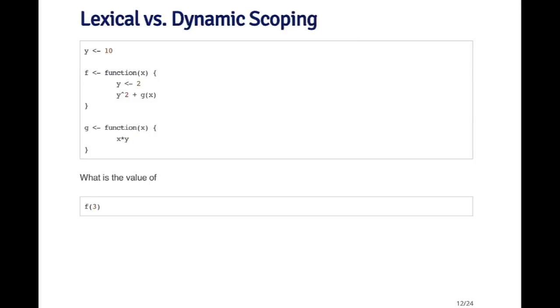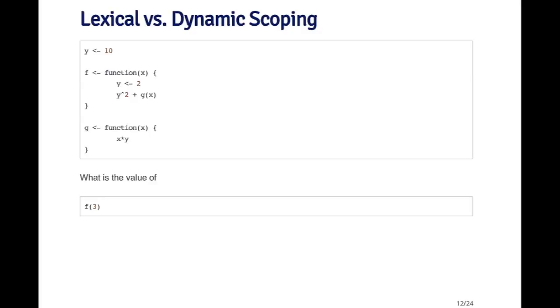I want to make one brief comparison between lexical scoping, which is what R does, and dynamic scoping, which is what maybe some other programming languages implement. Here I'm assigning the value of y equal to 10, and then I'm creating a function f, which takes as an argument x, and then it assigns y equal to 2, squares y, and then adds g of x.